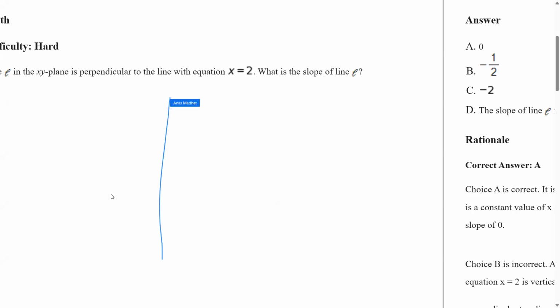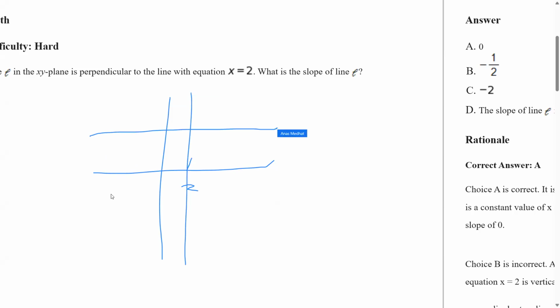So we have line x equals a constant here, which is vertical, and line L is perpendicular, so it will be horizontal.